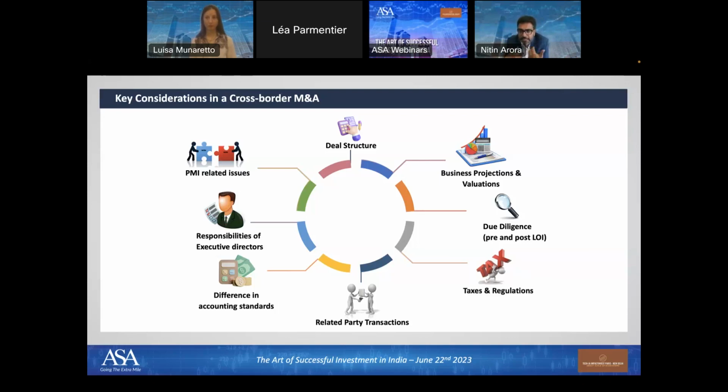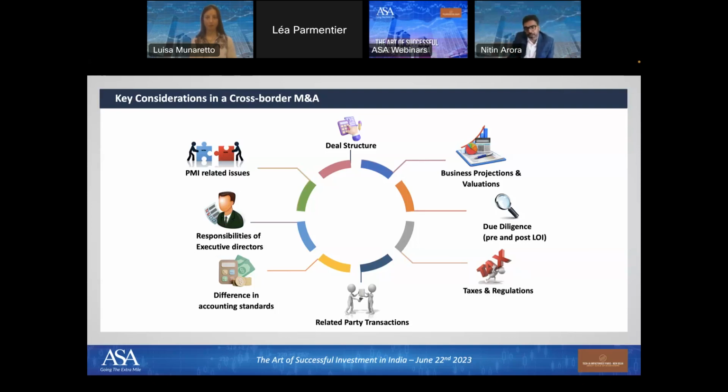Similarly, if after the investment the foreign company is asking for a royalty, there are TDS issues on royalties. There are double tax avoidance agreements which you need to be very careful of, as a jurisdiction from where you are investing. So tax is an extremely important area which needs to be kept in mind right from the beginning of the transaction.